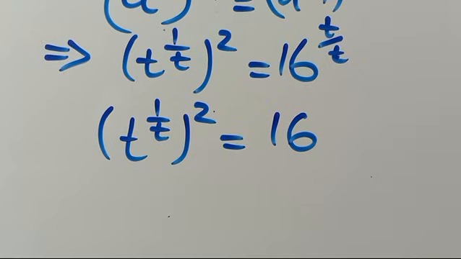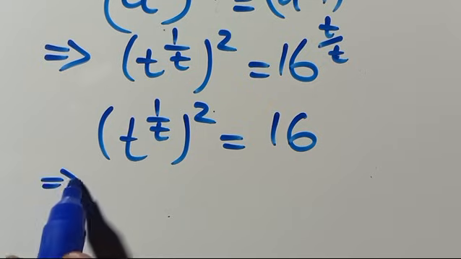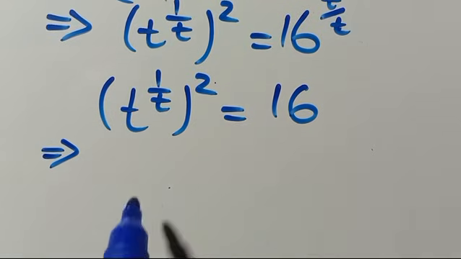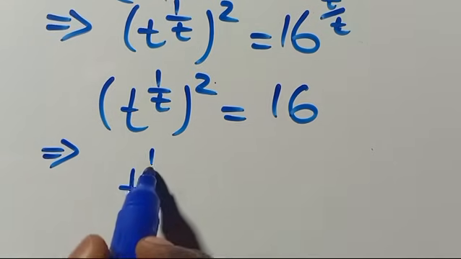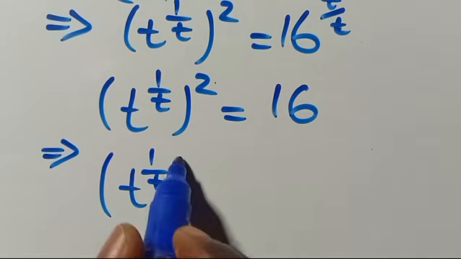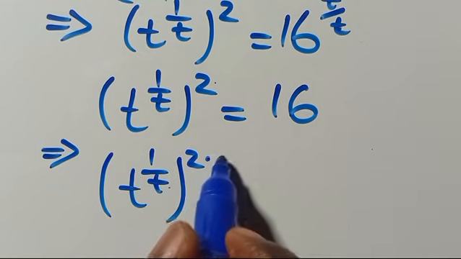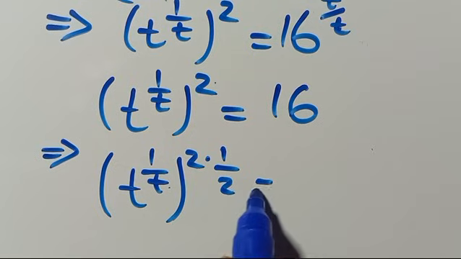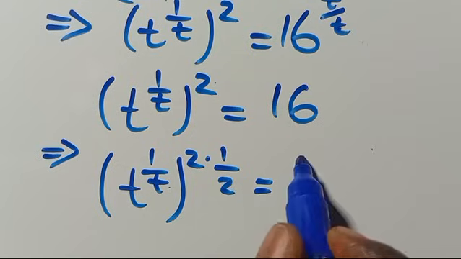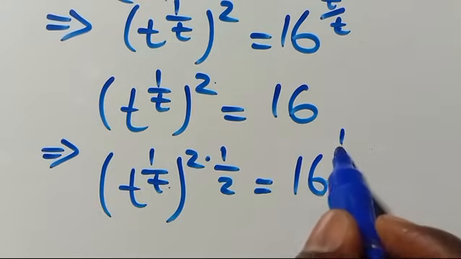Then from here, let's raise both sides to the power of 1 over 2. So this implies we have t to the power of 1 over t, to the power of 2 times 1 over 2, equals 16 to the power of 1 over 2.